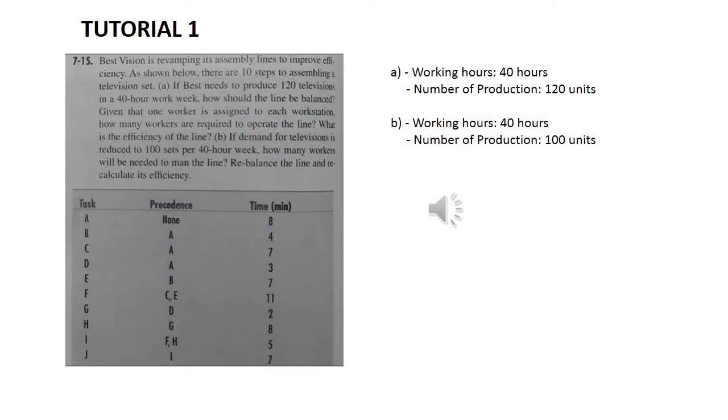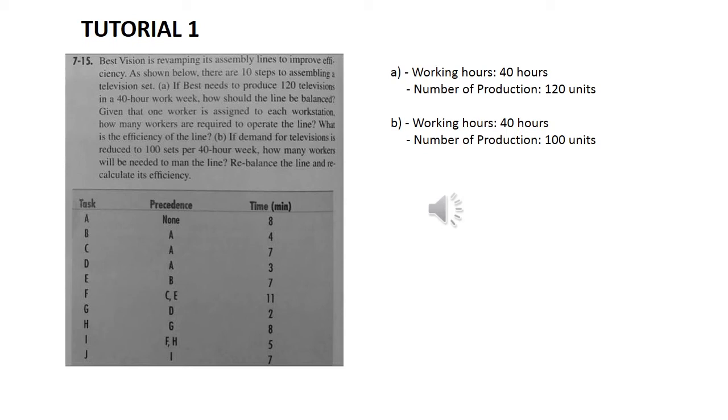So here is tutorial 1 of the line balancing. This is the question. Best Vision is revamping its assembly lines to improve efficiency. As shown below, there are 10 steps to assemble a television set. A. If Best needs to produce 120 televisions in a 40-hour work week, how should the line be balanced?